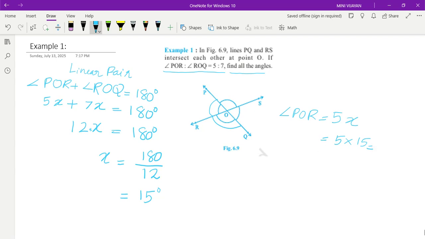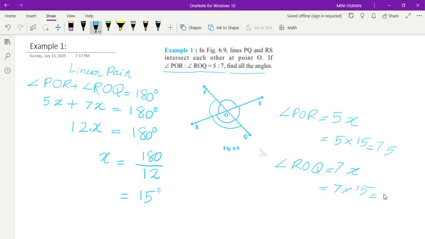The answer is 75. Similarly, angle ROQ, which is 7 times x, so 7 times 15. What is 7 times 15? It is 105.